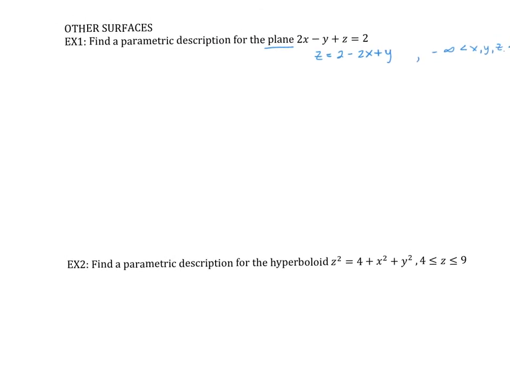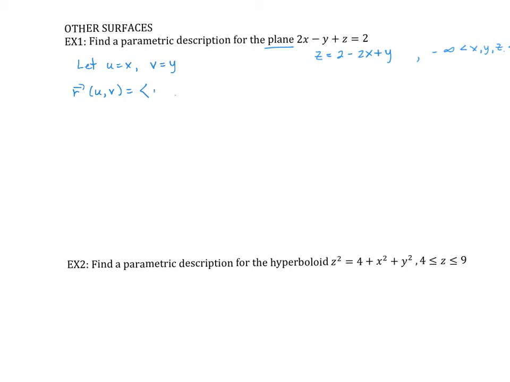Now I have to define my u and my v. I have the z by itself on one side of the equal sign, and on the other side, I have x and y. I'm going to simply let u equal the x value, v equal the y value. Then my r vector function would be an x, y, z.